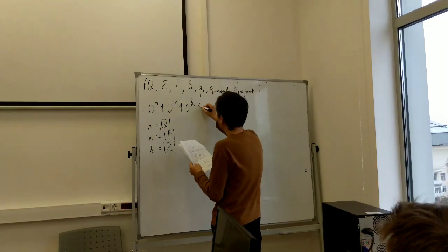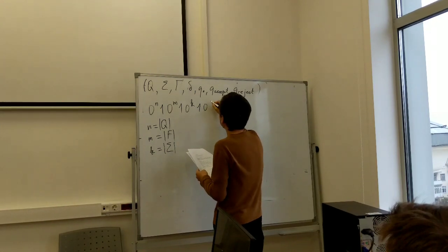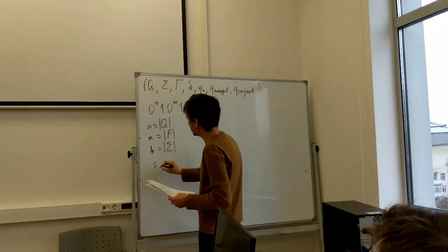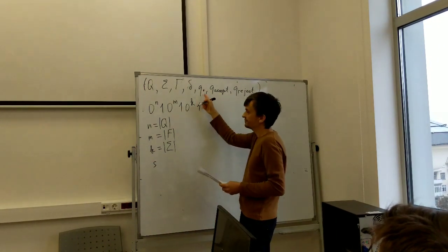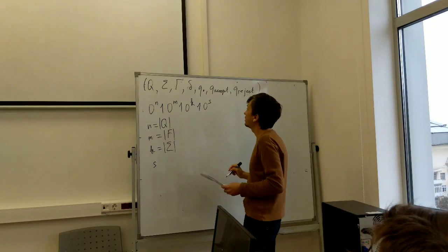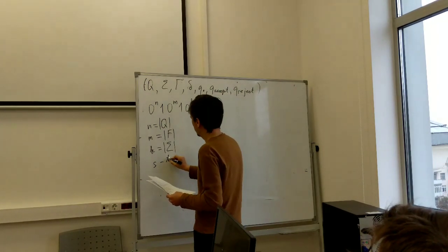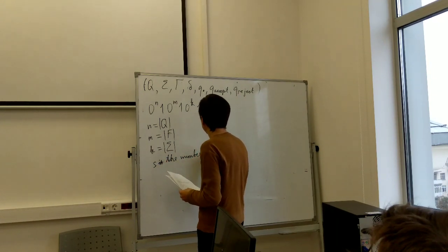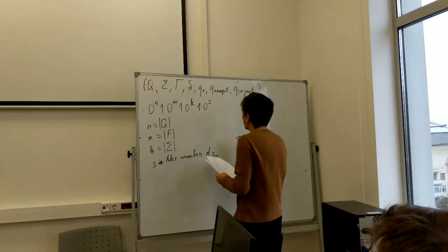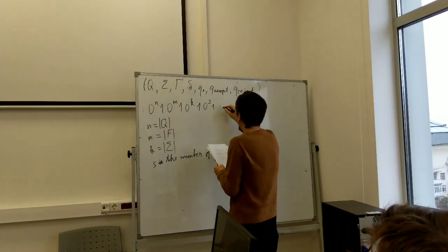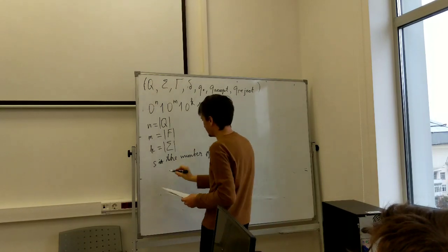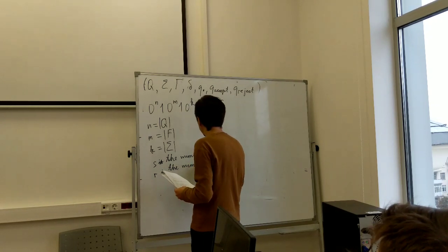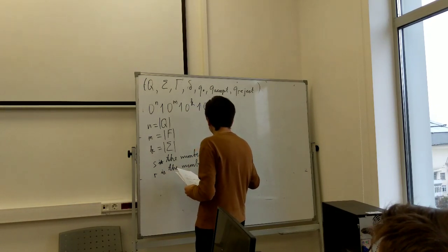Then you have 1 and s zeros, where s is the number of the initial state. Then you have 1 and r zeros, where r is the number of the accept state.